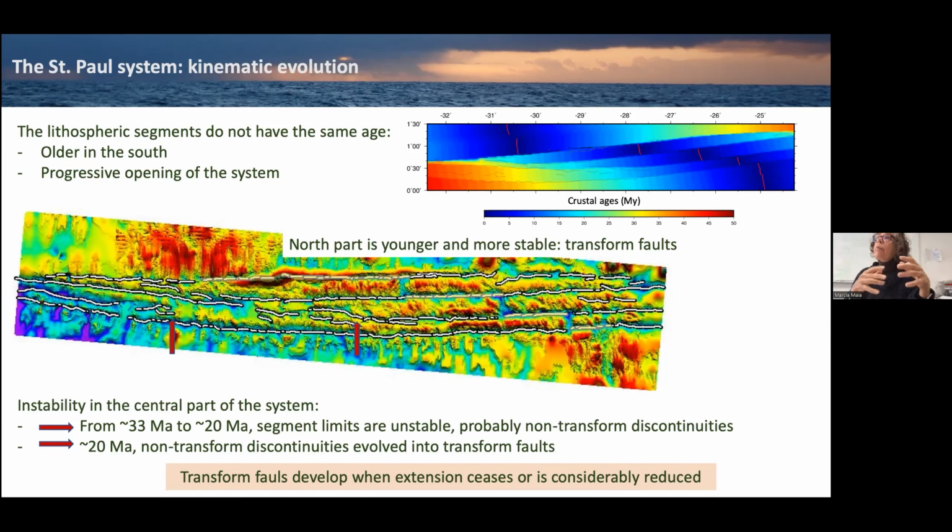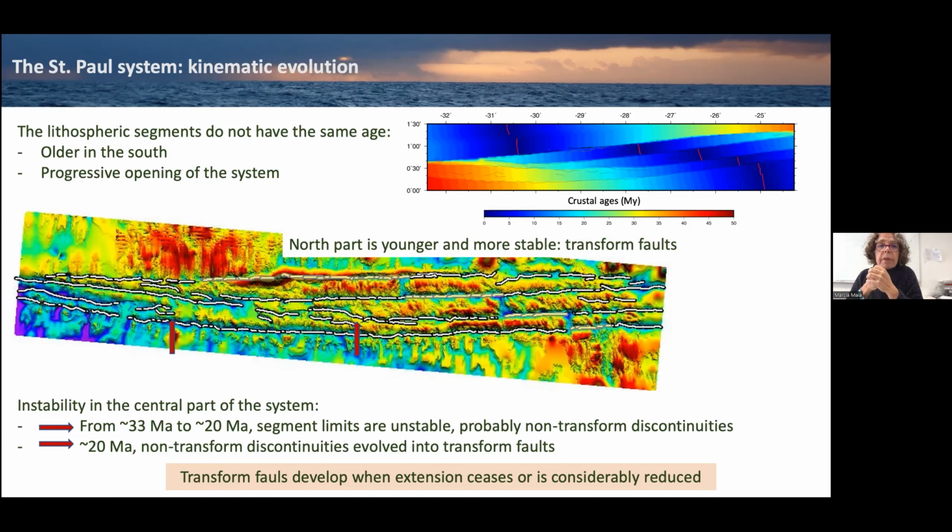And then the south, which is an older part of the system, there was some instability, especially between 33 and 20 million years. And from 20 million years ago to the present time, we reached a kind of stability, and the transform faults were stabilized and better defined, and then we had the spreading segments that we see today.